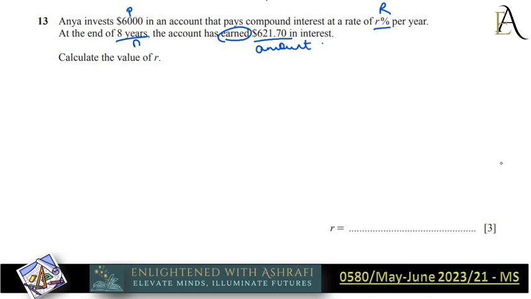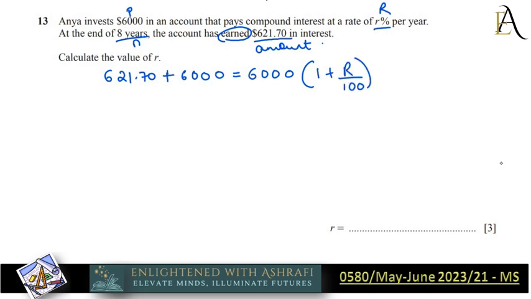So over here we are going to have 621.70 plus the principal amount, that is 6,000, which is equal to 6,000 multiplied by (1 plus R upon 100) raised to n, because the formula for compound interest is P into (1 plus R upon 100) raised to n.